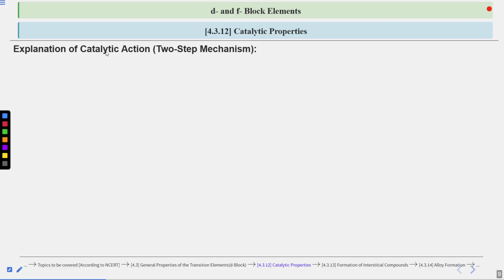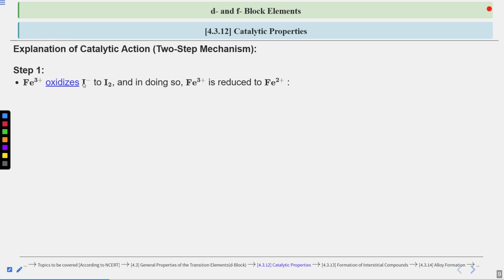Now, the explanation of catalytic action. This is a two-step mechanism. Step 1: Fe3+ oxidizes I- to I2. I2 is an iodine molecule in elemental form, which means its oxidation state is 0.